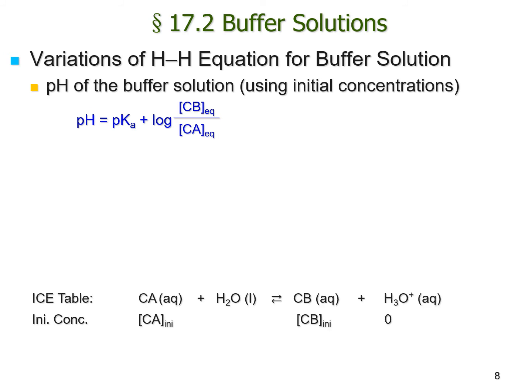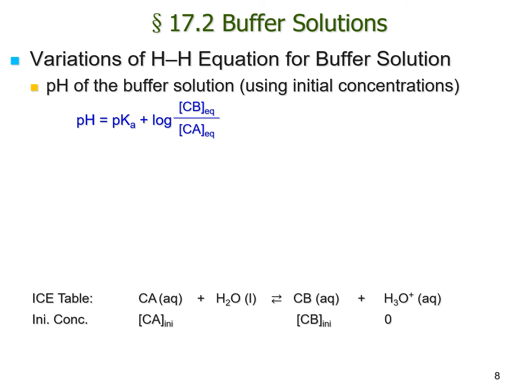Now, let's look at this ICE table. Remember, a buffer solution is a case of the common ion effect. The common ion effect can be solved by the ICE table, right? So let's set up an ICE table. Say we have initial concentrations of this pair of conjugates. This is a must for a buffer solution, right?